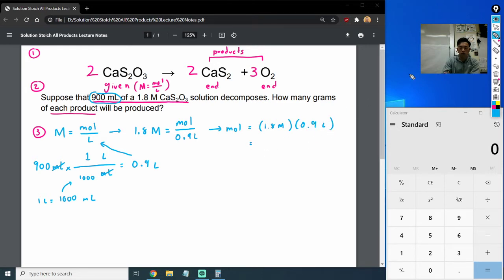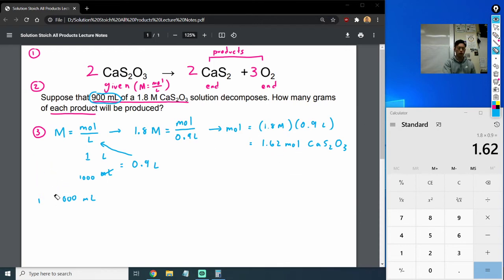Okay, and so if you plug that into your calculator, 1.8 times 0.9 will give you 1.62, which means that we have 1.62 moles of what compound? CaS2O3. Okay, so we have the moles now, and now we can move on to step 4.